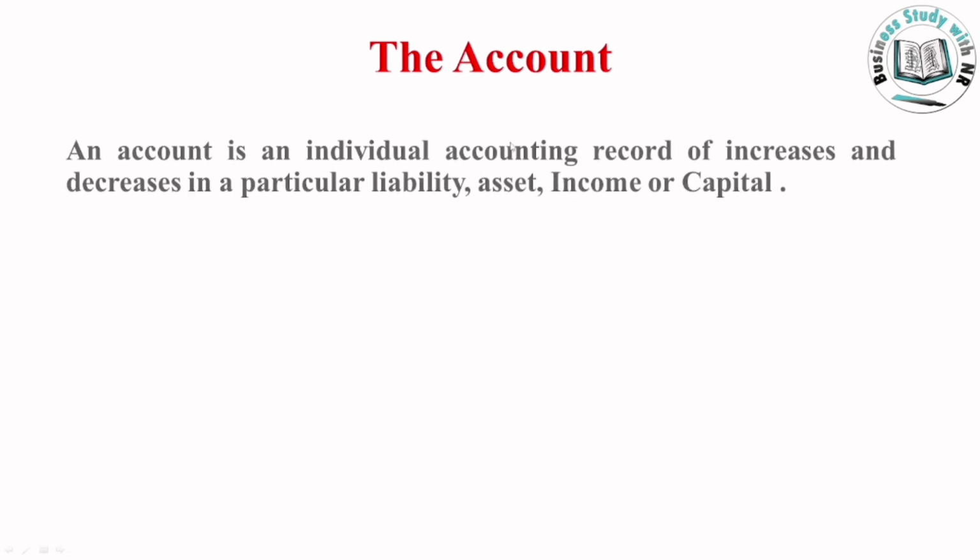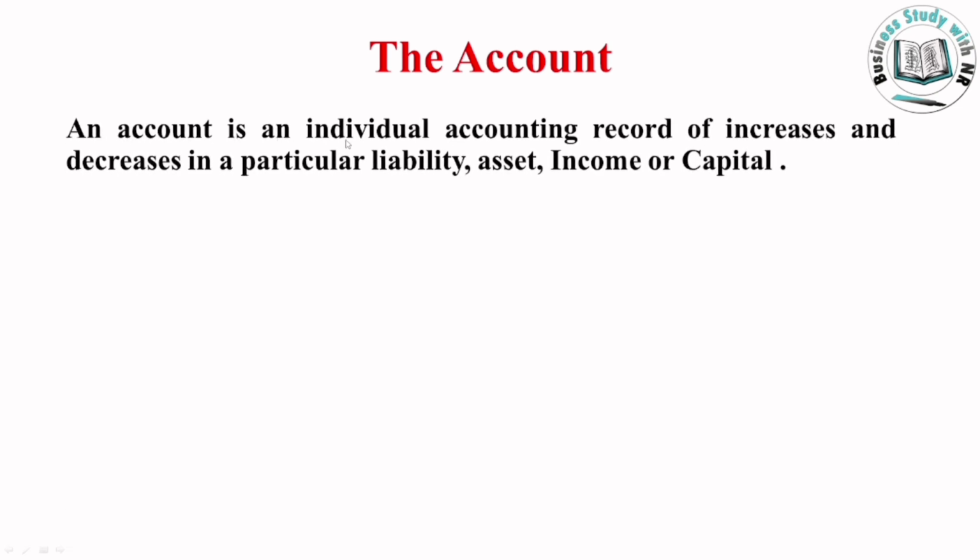We can also analyze the rules of debit and credit in another way. Before that, let's see what an account is. An account is an individual accounting record of increase and decrease in a particular liability, asset, income or capital.